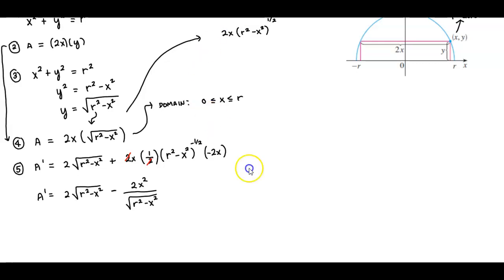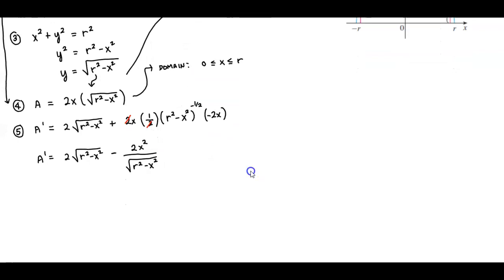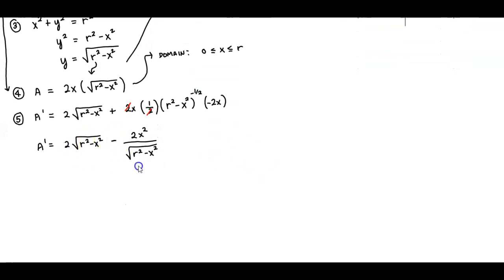So recall now that what we want to do is set our derivative equal to 0 so that we can find that critical number. So we have 2 times the square root of r squared minus x squared minus 2x squared over the square root of r squared minus x squared, and we're going to set that equal to 0.